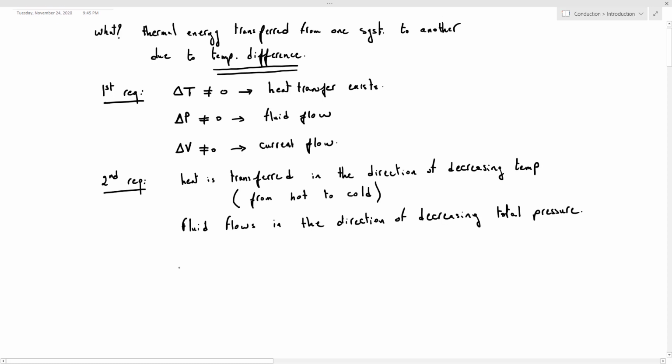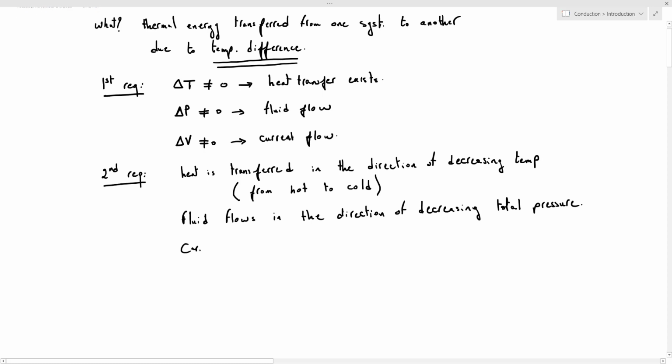And also current flows in the direction of decreasing voltage. So till now, we have two requirements. First one, delta T different than 0. The second one is heat transfer from hot to cold always.